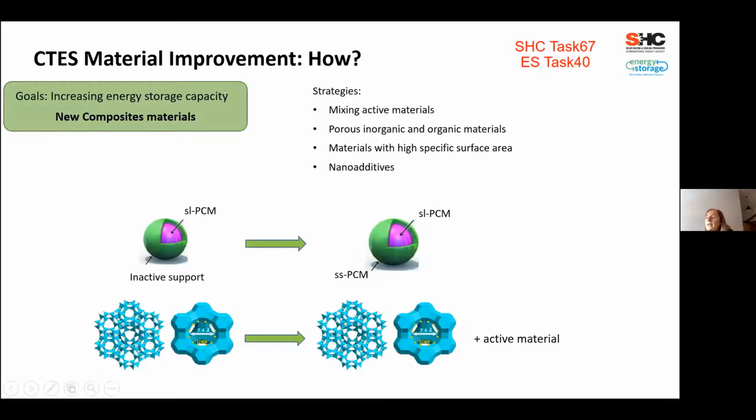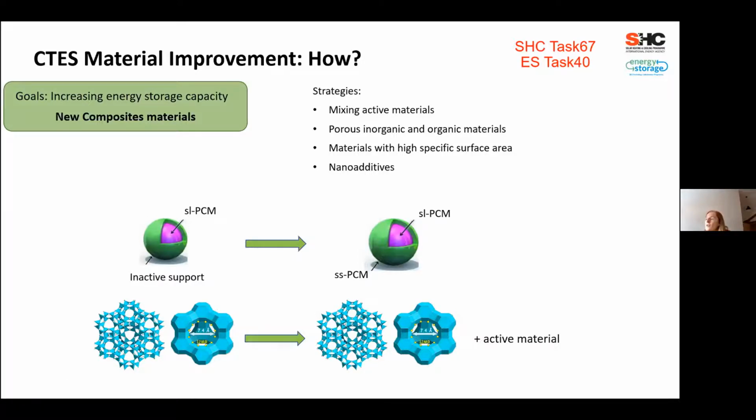Just an example here. We have, for example, a solid liquid PCM that is encapsulated in an inactive support. We can imagine to do, in the case of mixing active material, to have a solid liquid PCM that is encapsulated or shape stabilized with a solid PCM. In this case, both contribute to the thermal energy.